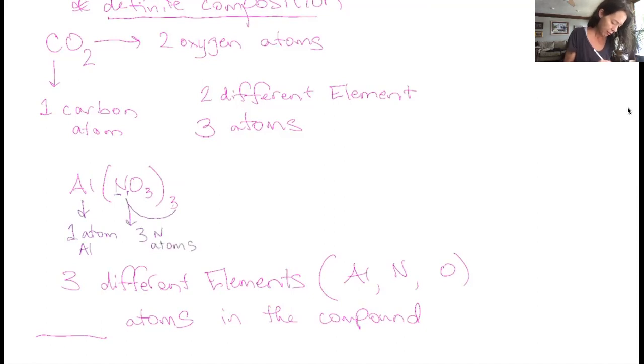And I have 3 times 3 is 9 oxygen atoms. So I would see this as a total of 9 plus 3 is 12, plus another one is 13. I have a total of 13 atoms in the compound. Okay, cool. So those are our compounds.